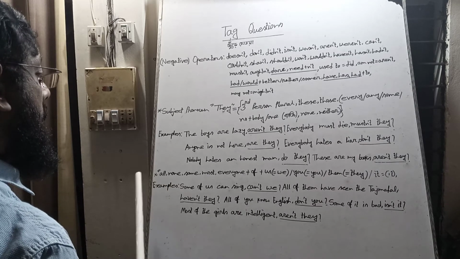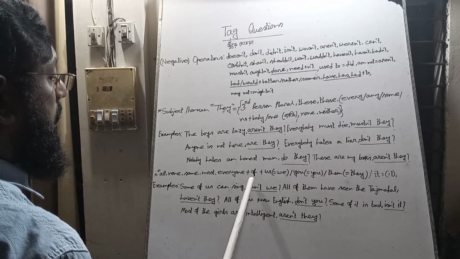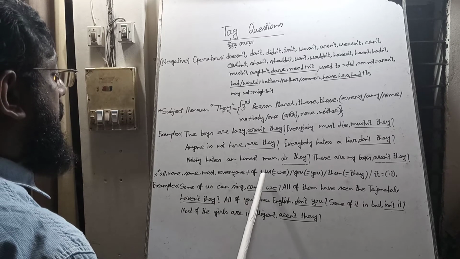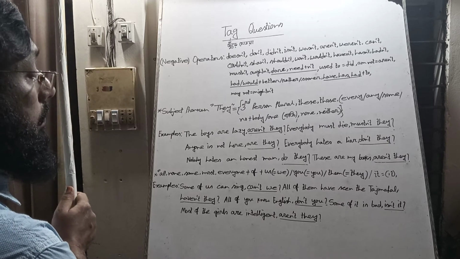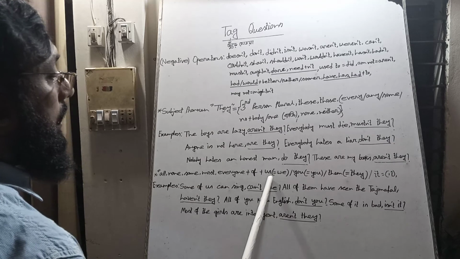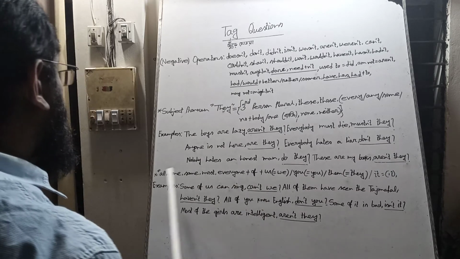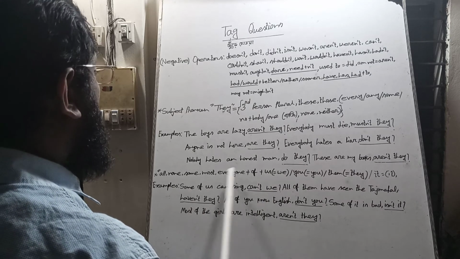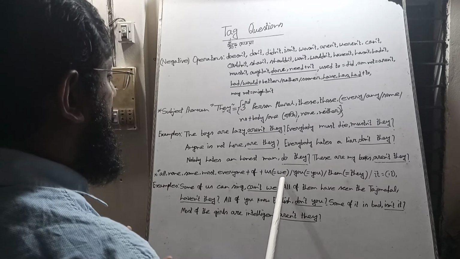Another rule: all, none, some, most, everyone. After them there will be a preposition, and after any preposition we usually bring the objective form. All of us, none of us, some of us, most of us, every one of us. Us will be we, as subject.